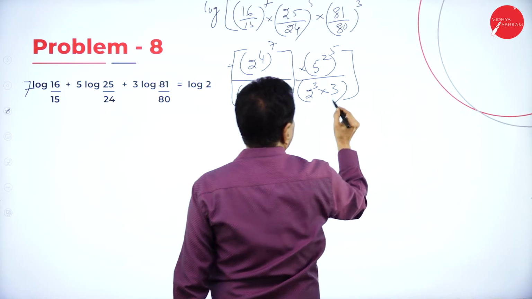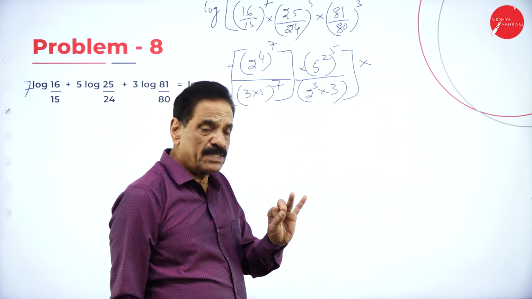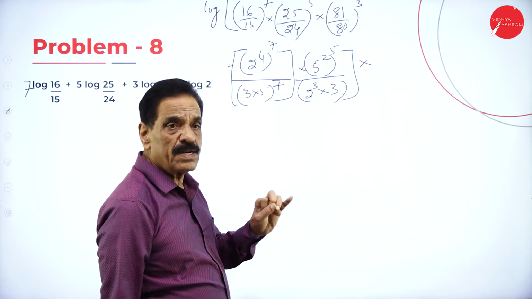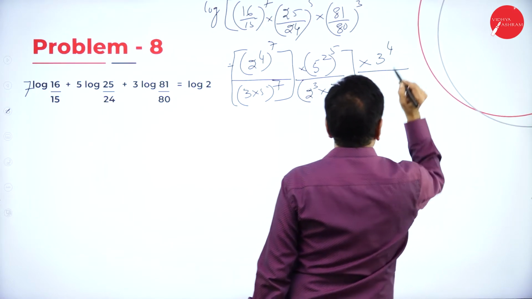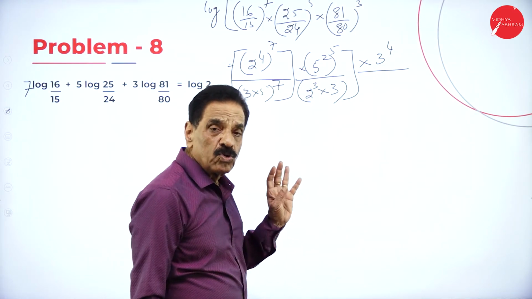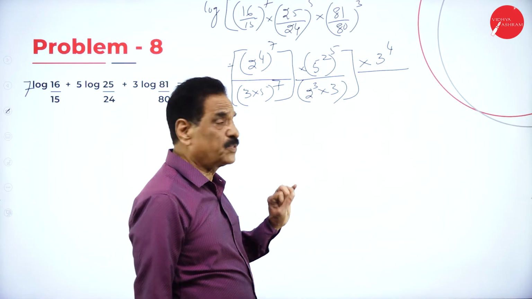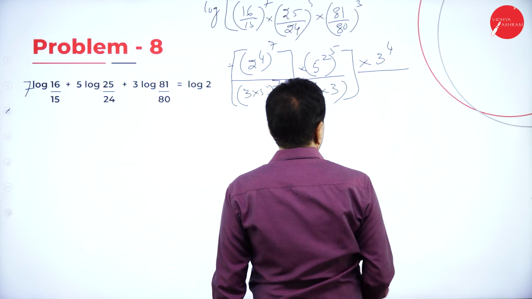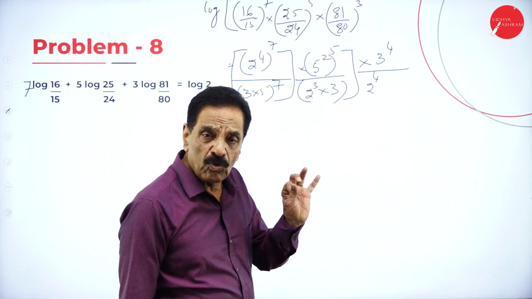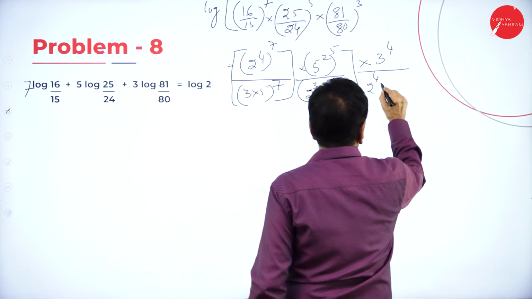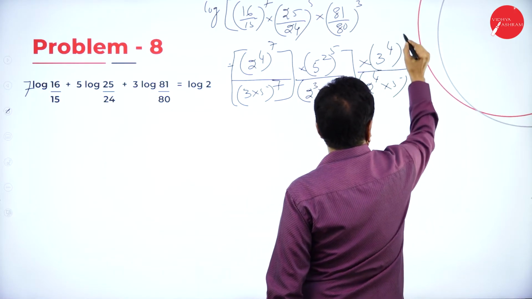This is another group. 81, 3 3s are 9, 9 3s are 27, 27 into 3, 81. So 3 to the power of 4 divided by, come back here, 2 2s are 4, 4 2s are 8, 8 2s are 16. So 2 to the power of 4, 16 into 5 to the power of 3.